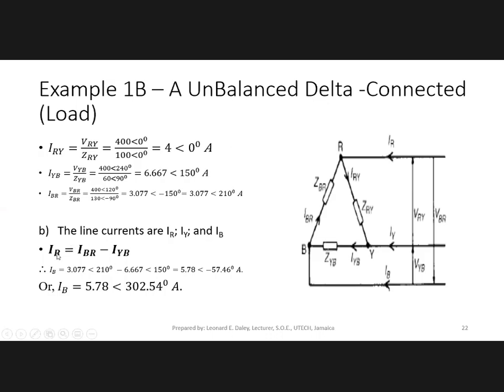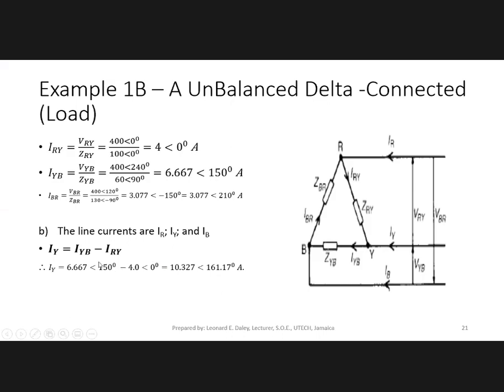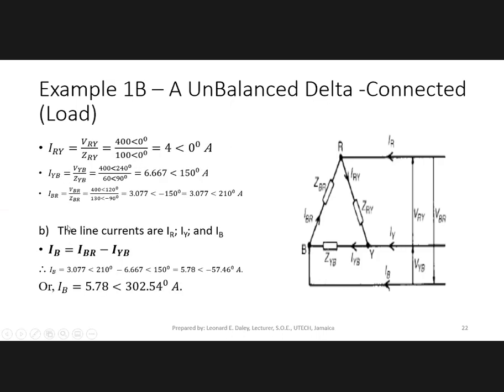All right, so we had worked out what IY is equal to: 10.327 at angle 161.17 degrees. For IB, the line current in line B, again we just substitute the values.